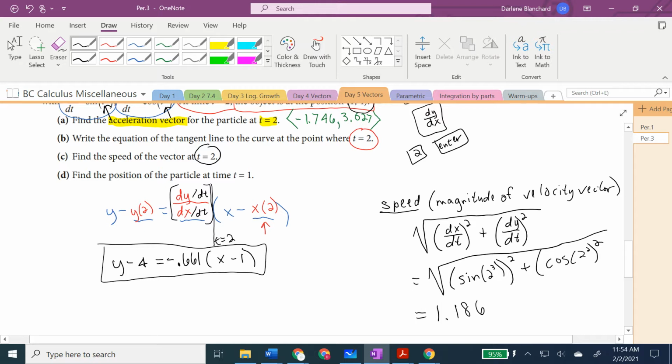1.186. All right, excellent. Then one thing left, finding the position of the particle at time t equals 1.